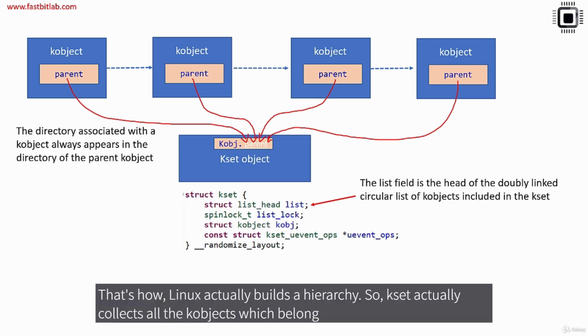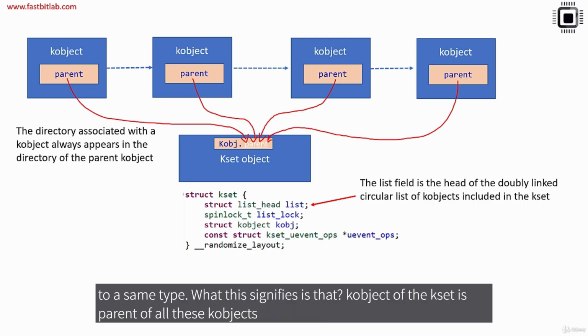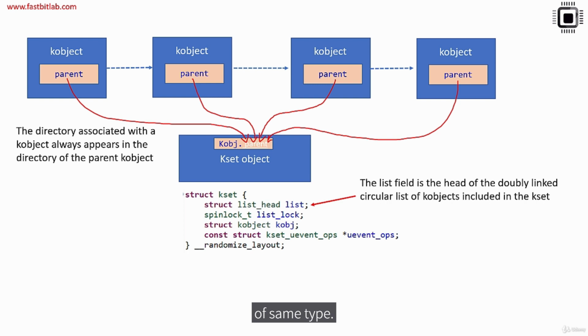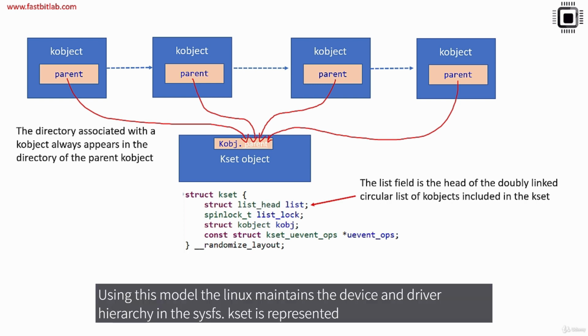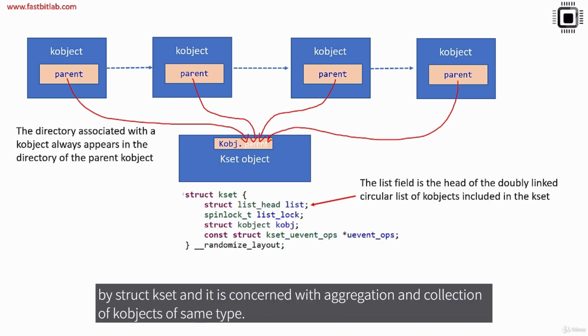That's how Linux actually builds a hierarchy. So a kset collects all the kobjects which belong to the same type. What this signifies is that the kobject of the kset is the parent of all these kobjects of the same type. Using this model, Linux maintains the device and driver hierarchy in sysfs. A kset is represented by struct kset, and it is concerned with aggregation and collection of kobjects of the same type.